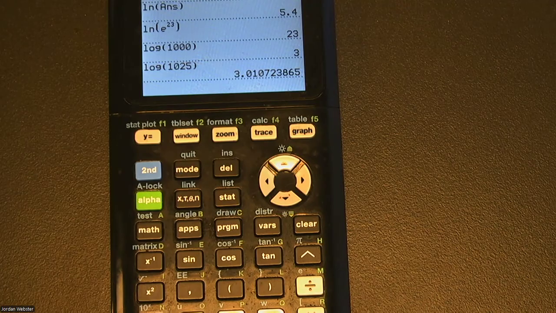So without having to write down the exponential form, I can just calculate log base 10 of any number using my calculator, and natural log of any number using my calculator.